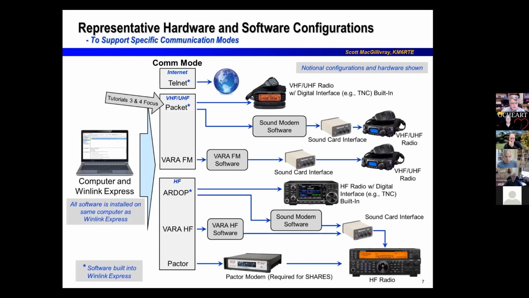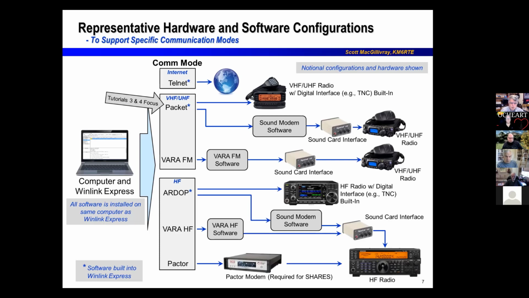So focusing on the VHF and UHF, it's Packet or VARA FM. I'll talk a little bit about VARA FM in the 5th tutorial, but for most of the effort here, most of the discussion is going to be just on Packet. That's the focus of this tutorial and tutorial 4, primarily because it is one of the more common types of encoding options.